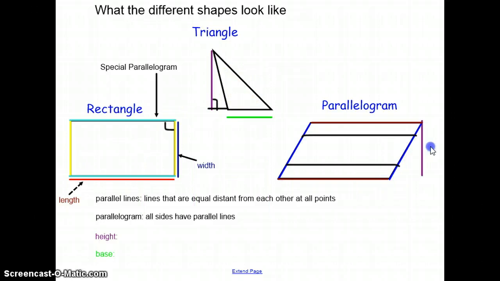Now here I'm going to place the height. It's very similar to the triangle, where it's going to be perpendicular to the base. So I'm just going to label the height there so you can understand where that is, and then we'll find the base here also. The base is right there.